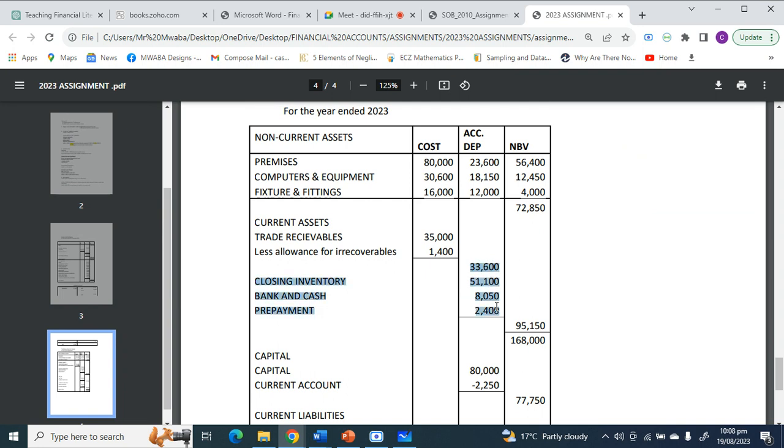Please, someone have a calculator so that we are verifying this, so I'm not accused of lying. 33,600 plus 51,100 plus 8,050 plus 2,400. Our total current assets 95,150.